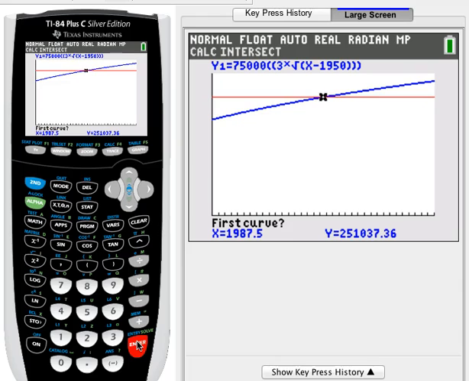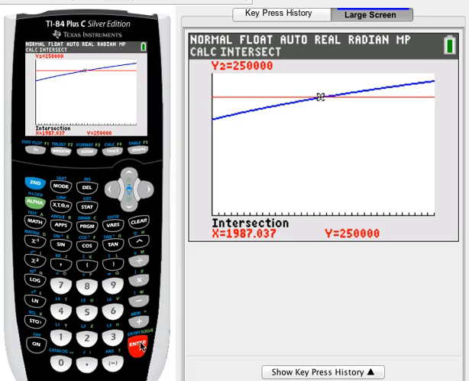So I want to go to the left, and then I want to go to the right of where I think they intersect. There's my guess, and notice there it is. That 1987 that we found algebraically is also graphically where they cross.